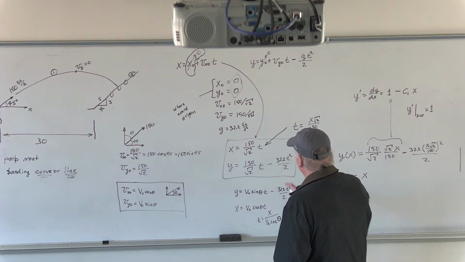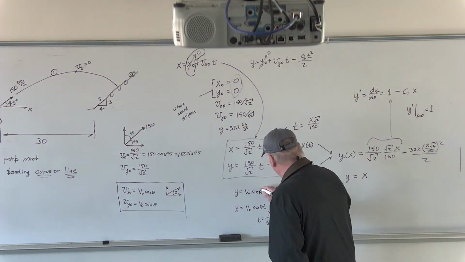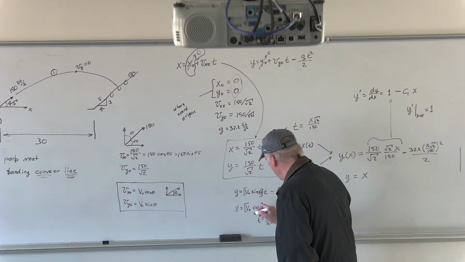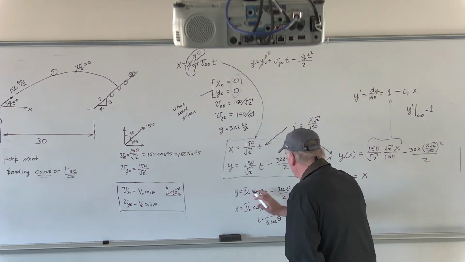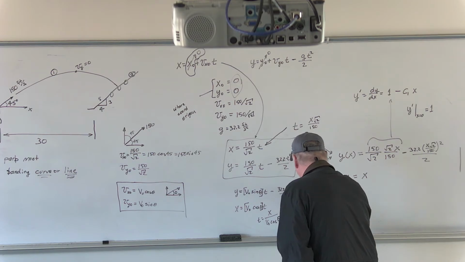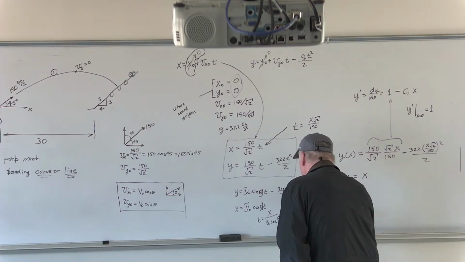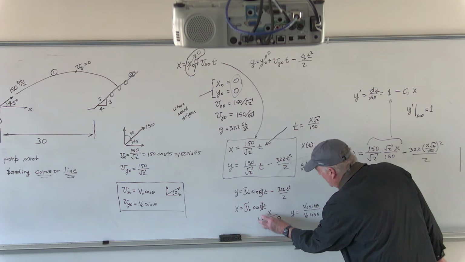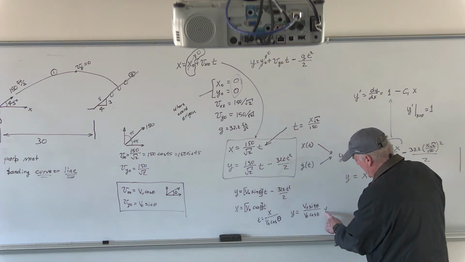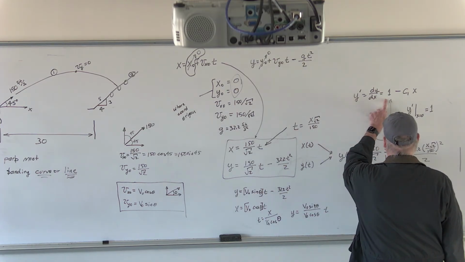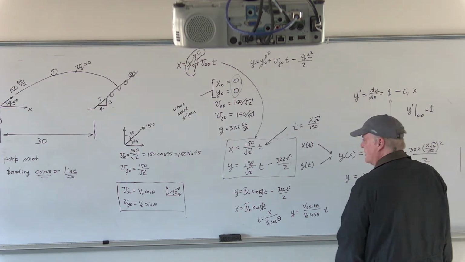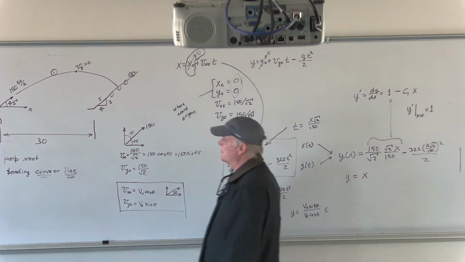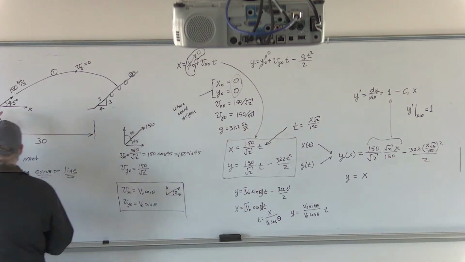That looks weird because the t looks like it's associated with that, so let me do that. And that makes it look a little better. So now if you look at that, I get V naught sine of theta over V naught cosine of theta times x by inserting this in here. Essentially saying that if I take the derivative, the slope is the y component over the x component. So you get back what you should there.